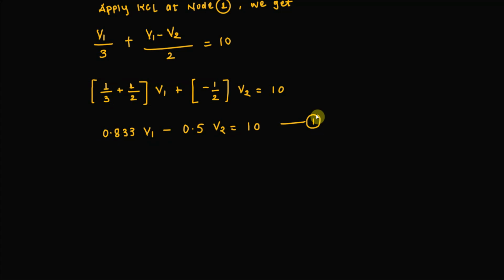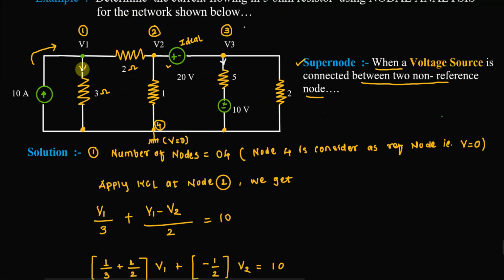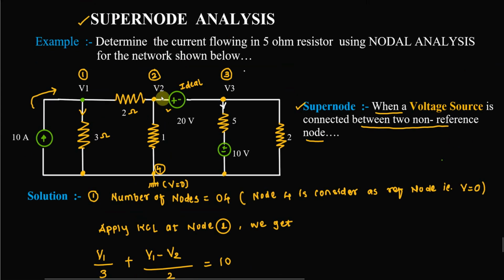So you can see that just by simply applying the KCL at node 1, we have found the first answer. Now similarly, we will apply the KCL at node 2 as well as node 3. But here we can see that in between these two, there is one voltage source. So what happens when there is a voltage source?